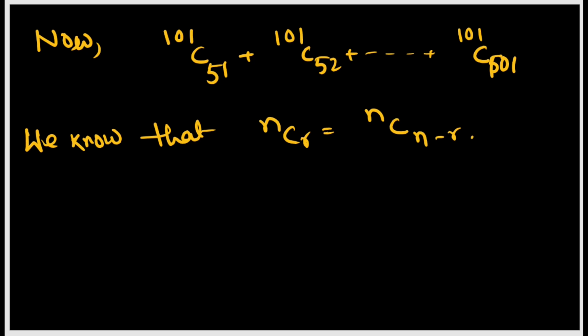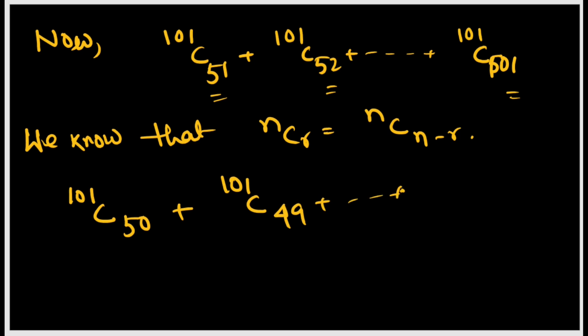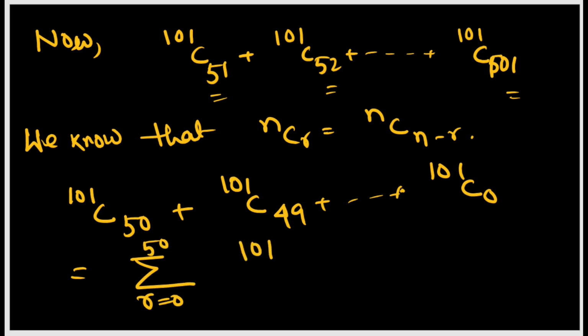Using this identity we convert each term, where n is 101. 101 minus 51 is 50, so 101 C51 converts to 101 C50, then 101 C49, up to 101 C(101 minus 101), which is 0. So actually it is the sum over r equal to 0 to 50 of 101 Cr. We need to calculate the value of this.